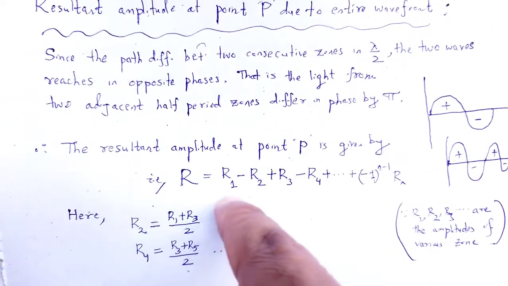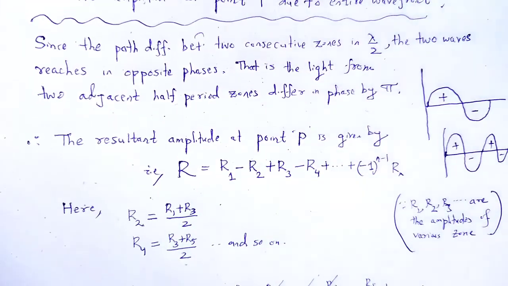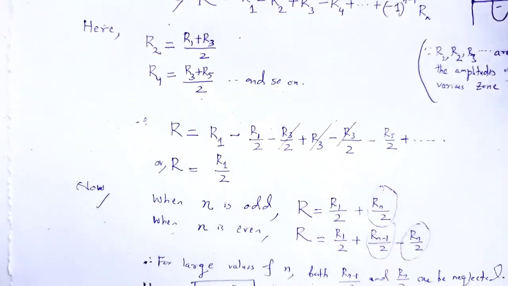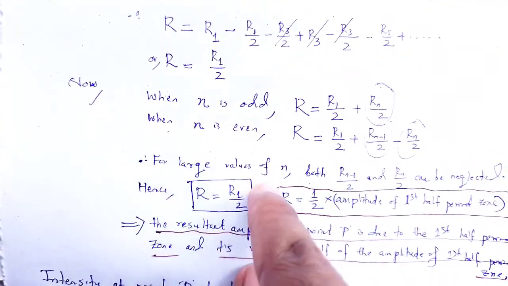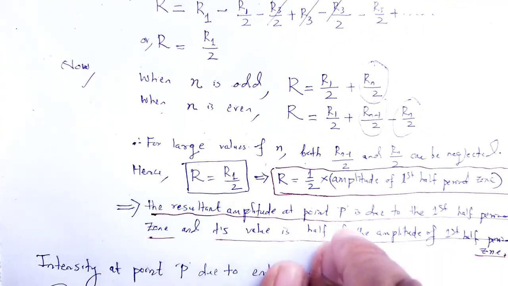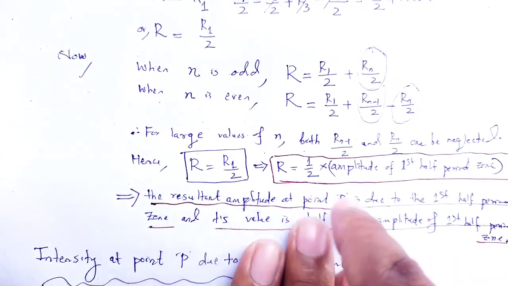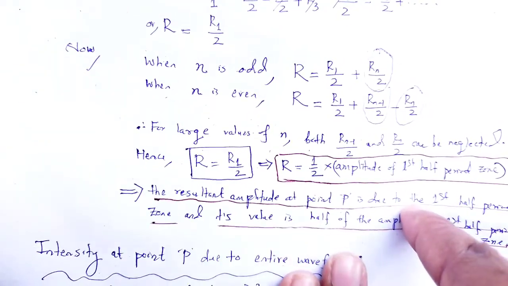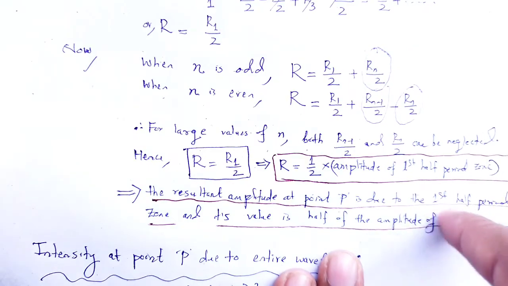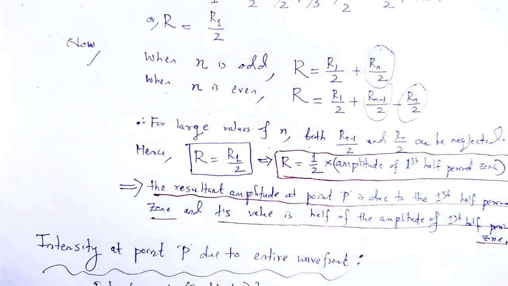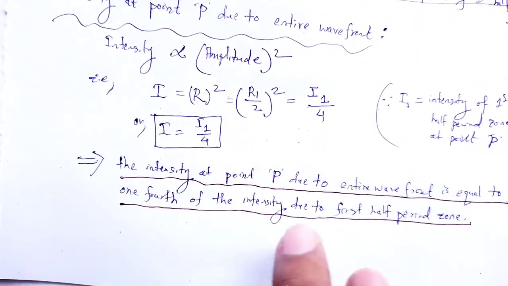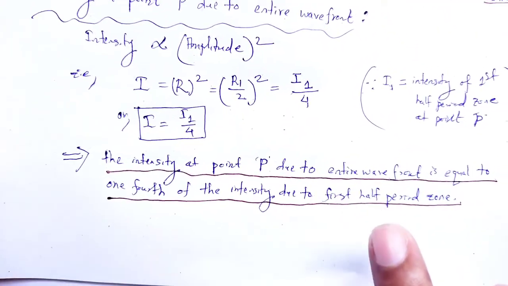Taking this concept, the resultant amplitude at point P is equal to half of the amplitude of the first half period zone. Next, the intensity at point P due to the entire wavefront is equal to 1/4 of the intensity of the first half period zone.